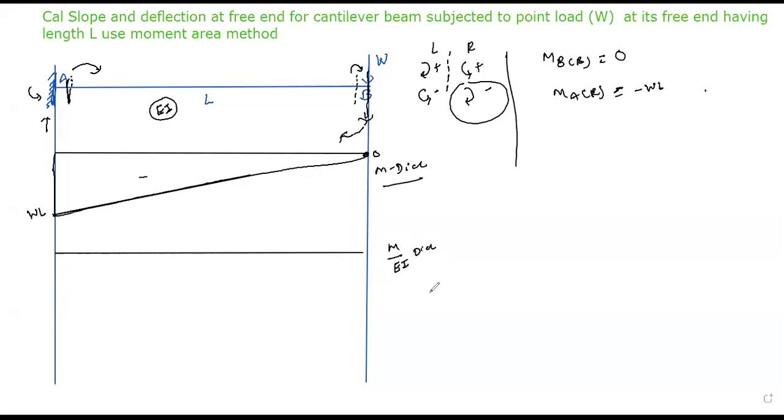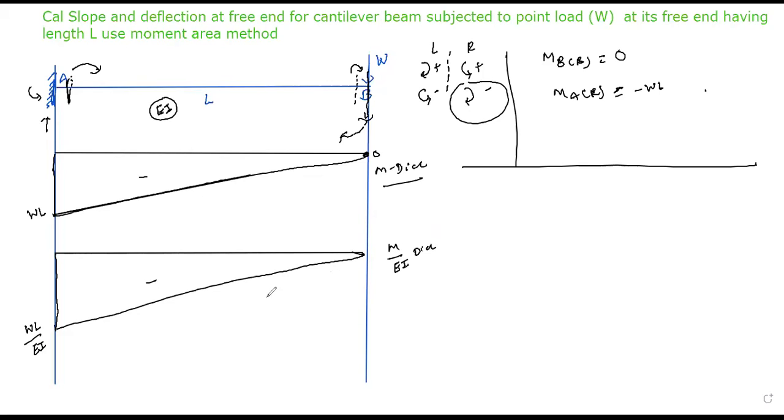In the data given, throughout the length your EI is constant, so you just divide your moment by EI. You have to divide your moment by EI. Simple. So can I say that here your value is WL by EI? And here 0 by EI is 0, no need to write it. Is it okay? Please confirm me.